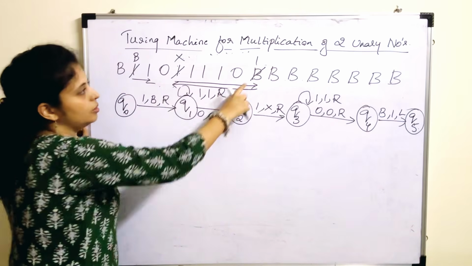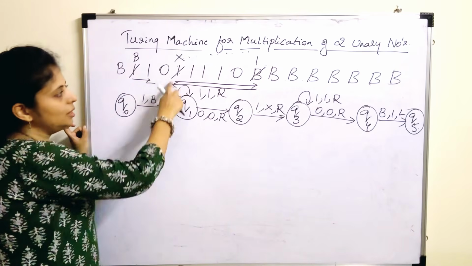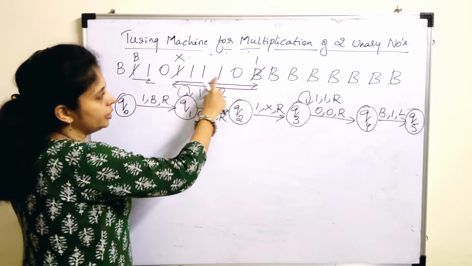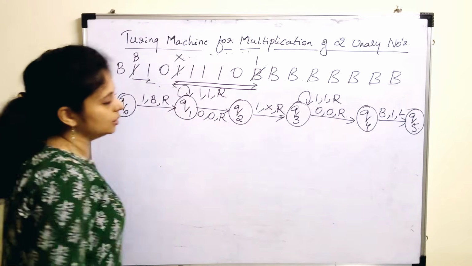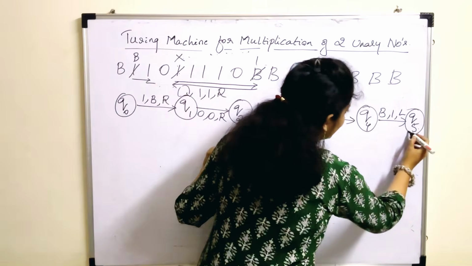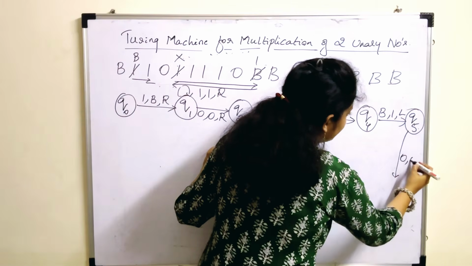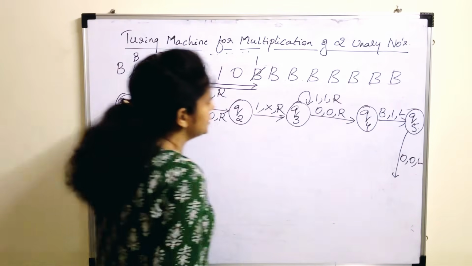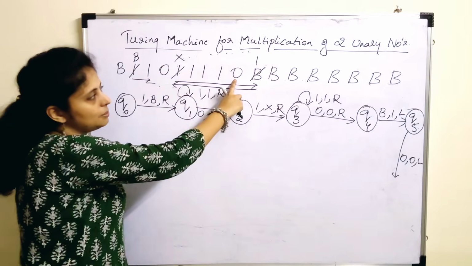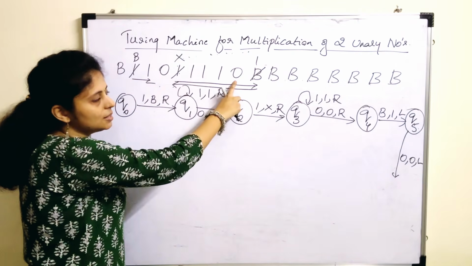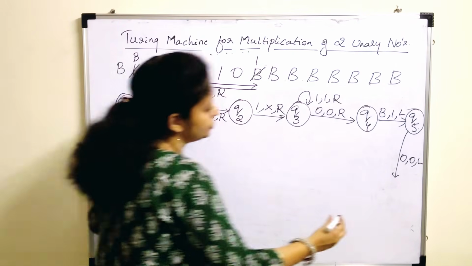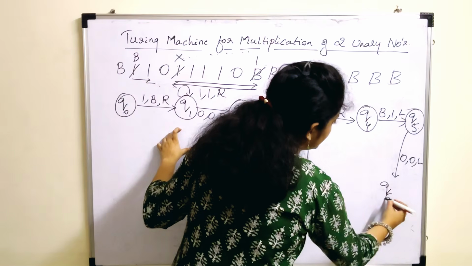Again, from blank, we need to move till X. In between, you will find 0 and 1. So first is 0. So when the input symbol is 0, leave that 0 as it is, move towards left side. Now we are at state Q6.